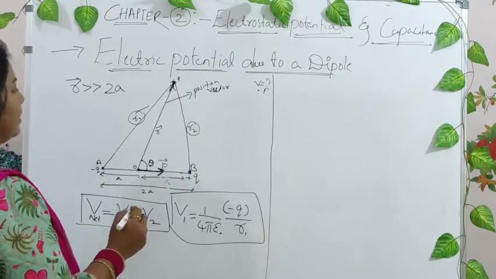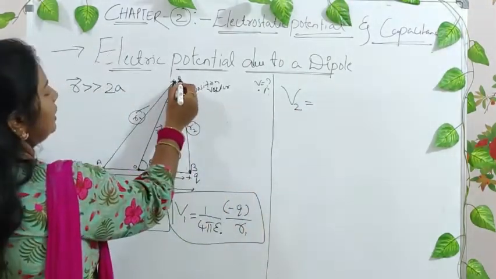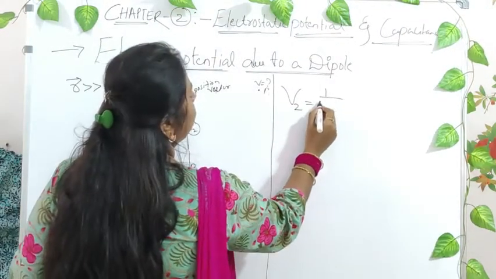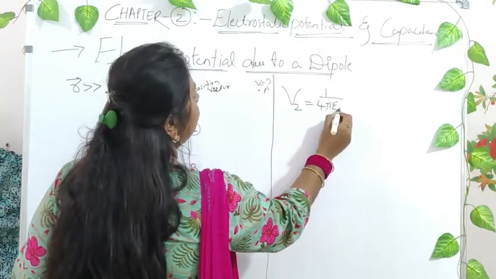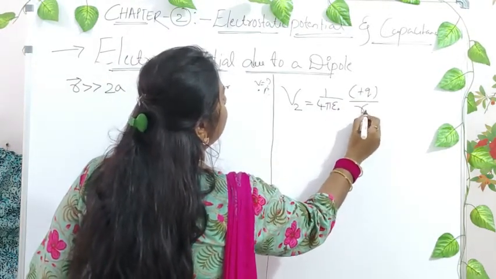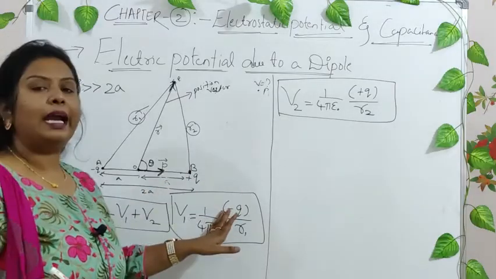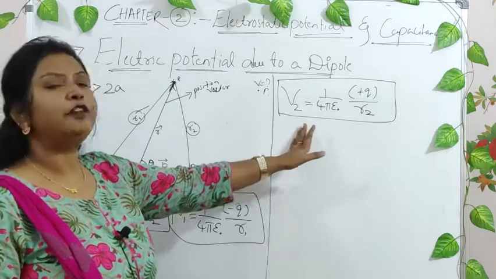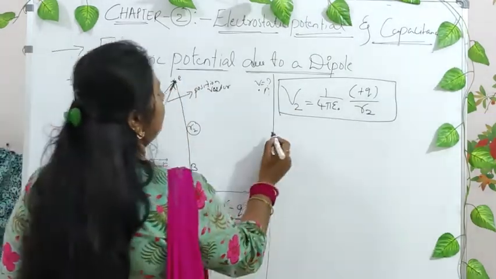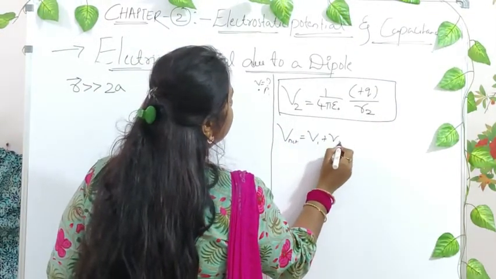On similar lines, you will have V2 also, that is the potential at this point due to plus Q. So it is 1 divided by 4 pi epsilon naught, positive Q divided by R2. Now you add both V1 and V2 to get the net potential at point P. V net will be equal to V1 plus V2.